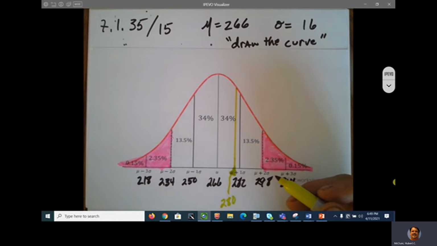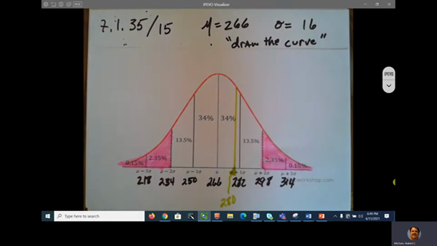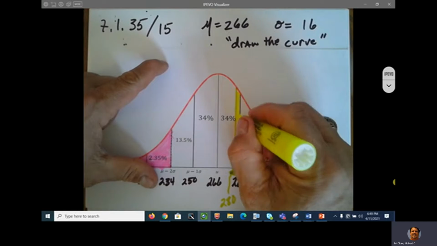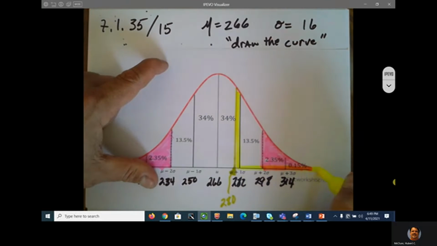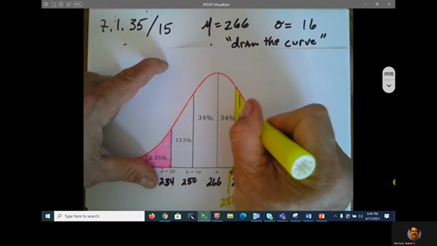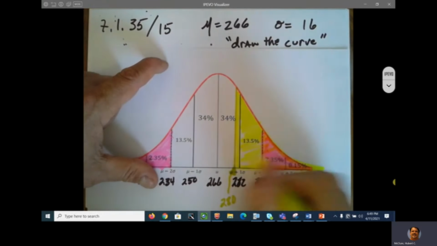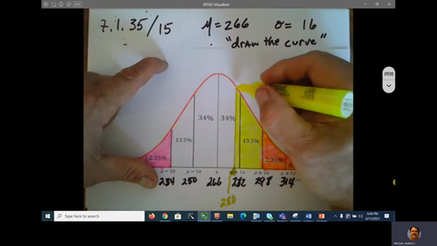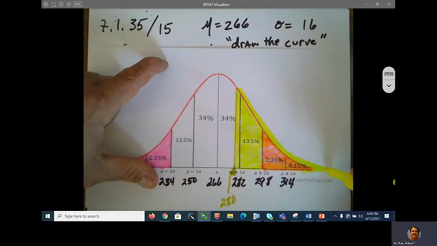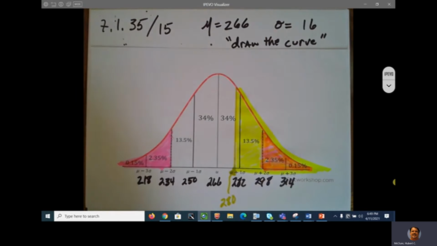And they're saying that the area to the right of 280, take my handy dandy yellow highlighter out, the area to the right of 280, is equal to 0.1908.